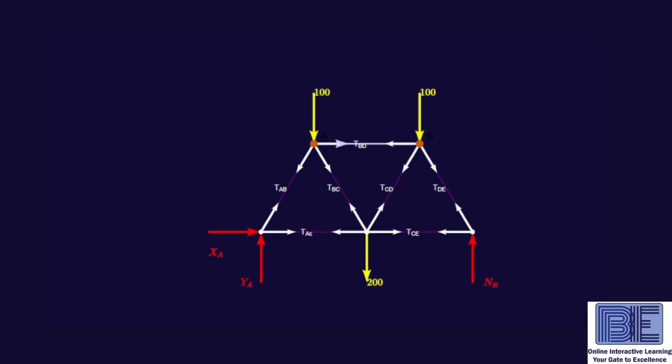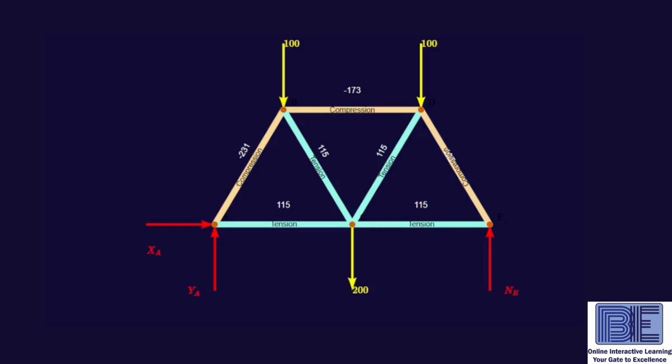If we add all the forces, we see that the negative values indicate compression, as we assumed all forces in the members were in tension initially. The diagram shows all forces in the truss members and distinguishes between members in tension and those in compression.